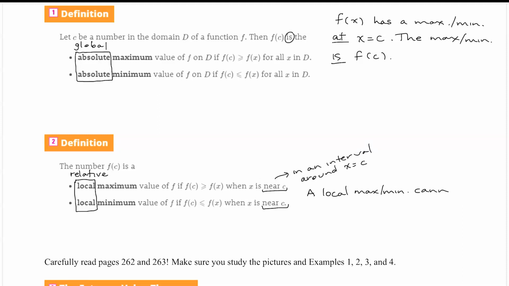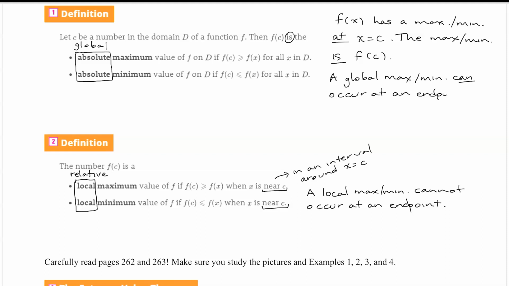So note to self, that means that a local max or min cannot occur at an endpoint, whereas a global max or min can occur at an endpoint.